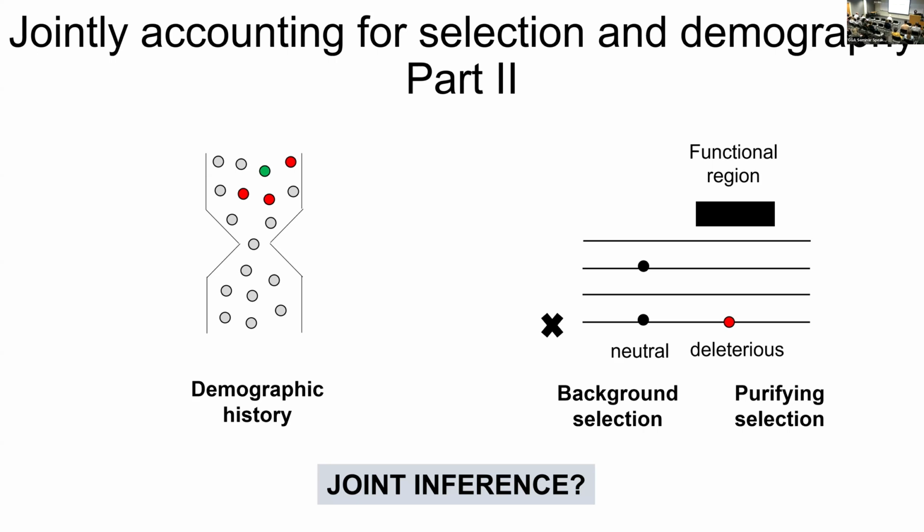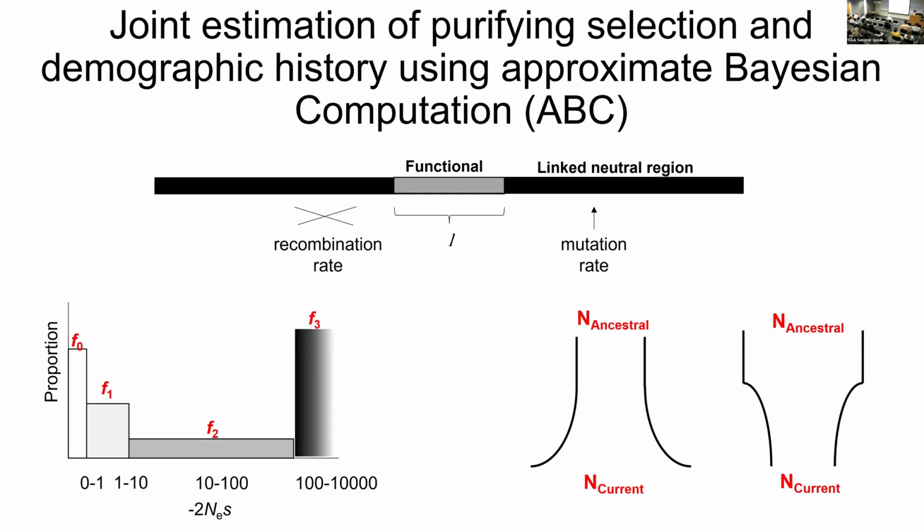So we did this using an ABC method, which is a simulation-based method, because right now it would be hard to do this while accounting for linkage otherwise. So ABC is a simulation-based method. If you can't write down your likelihood expressions, you simulate what you expect under different parameter combinations, and then you ask which parameter combination explains the current data that I have, right?